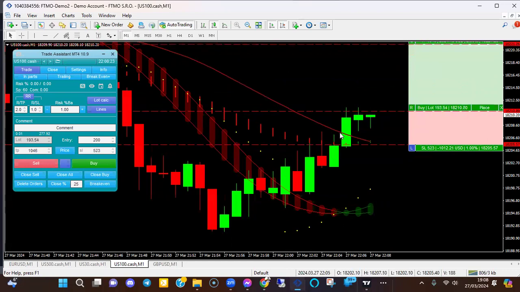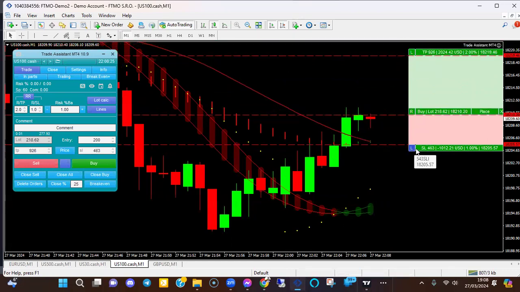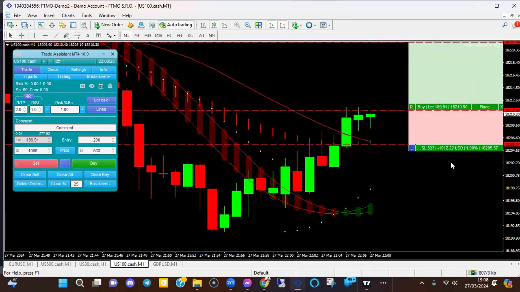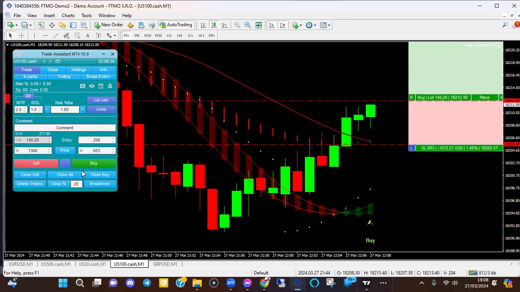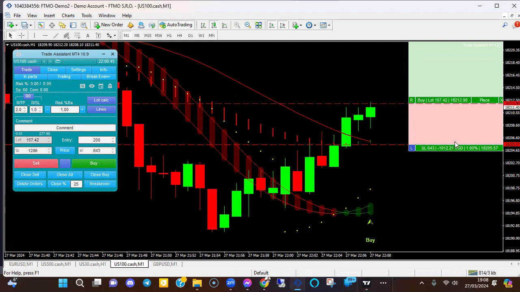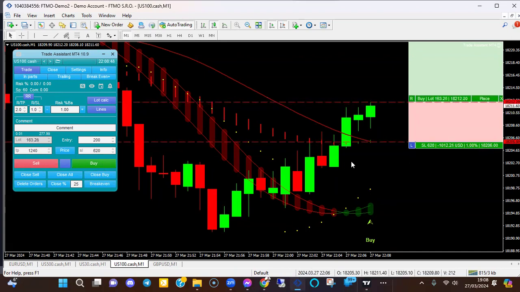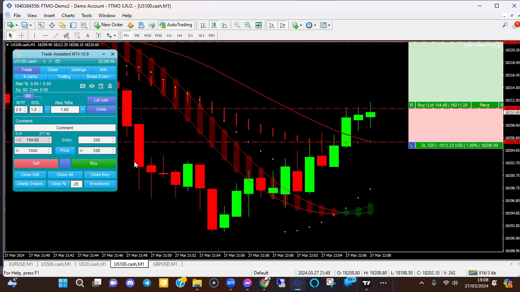And of course, as you notice, the trend line is still red. The buy alert keeps flashing on and off. I really want that trend line to turn green. That's the stop loss, so it's on the trend line.